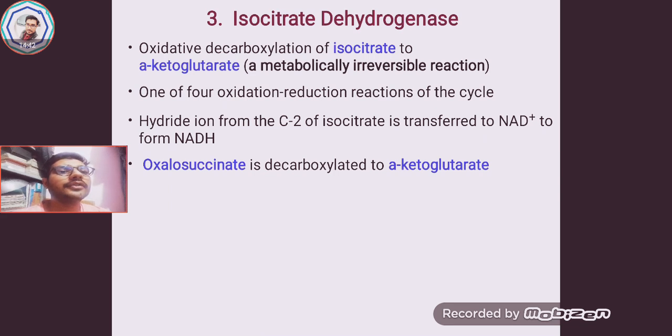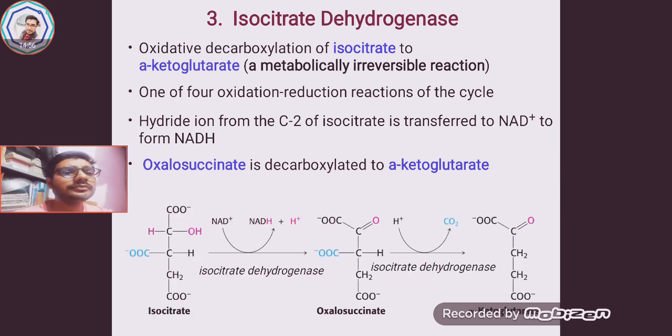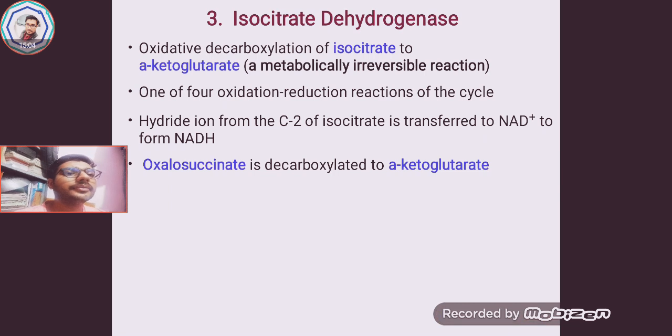A hydride ion from C2 of isocitrate is transferred to NAD+ to form NADH. Oxalosuccinate is decarboxylated to alpha ketoglutarate. Here is the reaction. Isocitrate gets converted to oxalosuccinate and then alpha ketoglutarate.